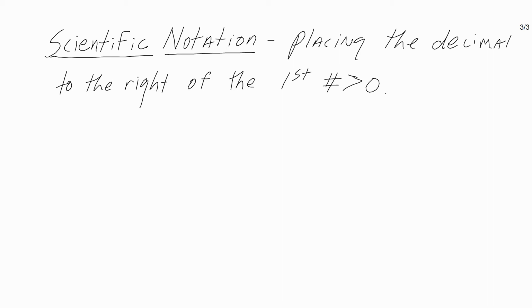Now, I love it when I give people this definition because they always say, well, how do I know which one's the right? Well, all of us read, which way do we read? All of us read from left to right.